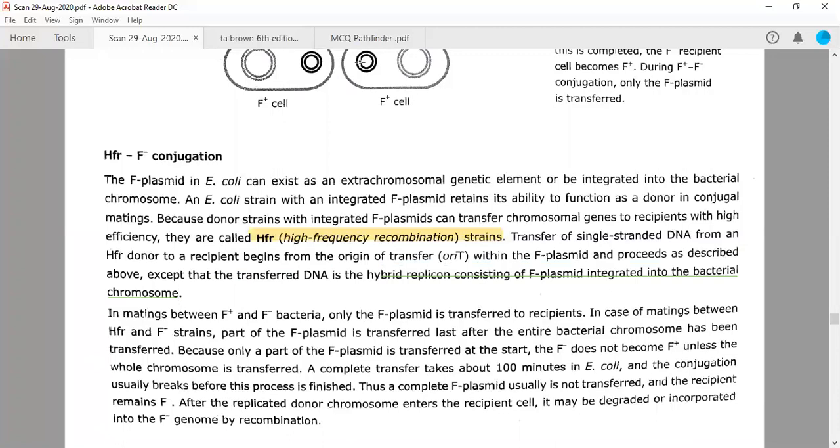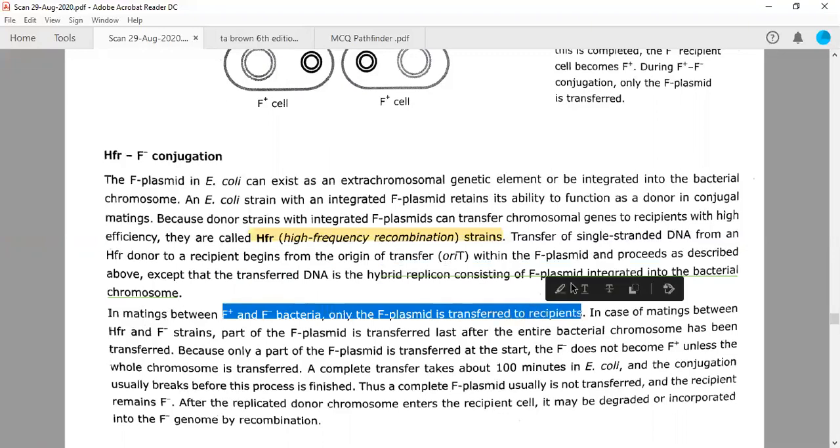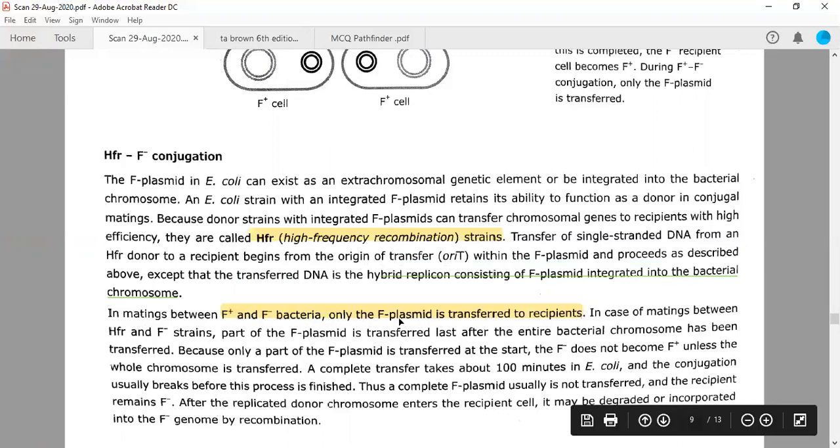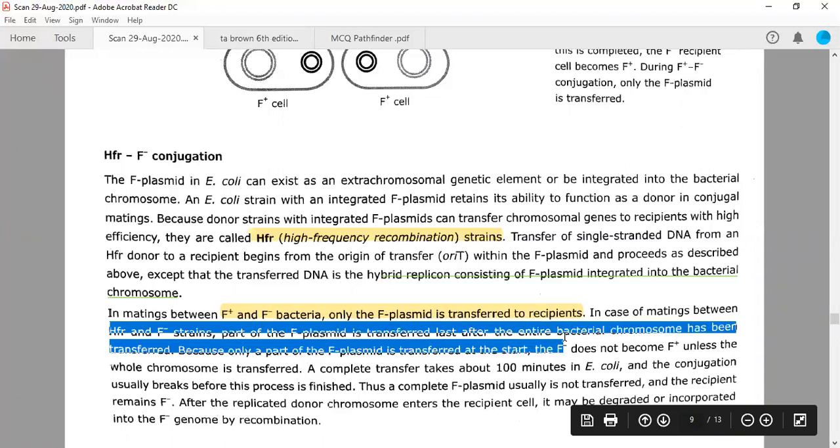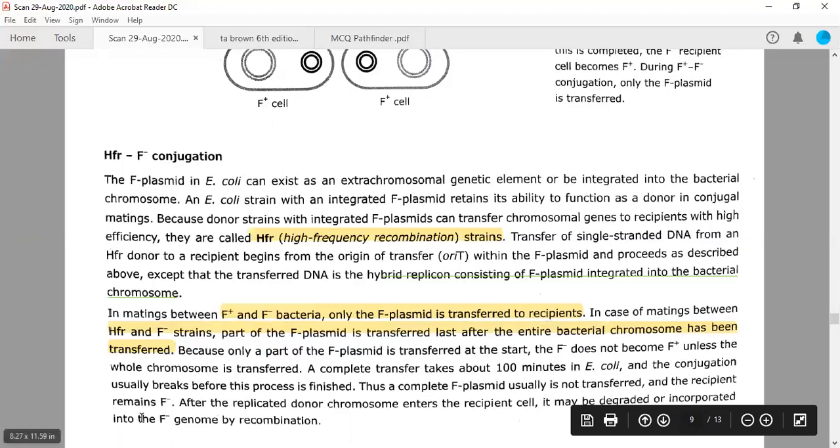So this is the difference between F positive by F negative, and Hfr by F negative conjugations. In mating between Hfr and F negative strains, the part of the F plasmid is transferred last, after the entire bacterial chromosome has been transferred.